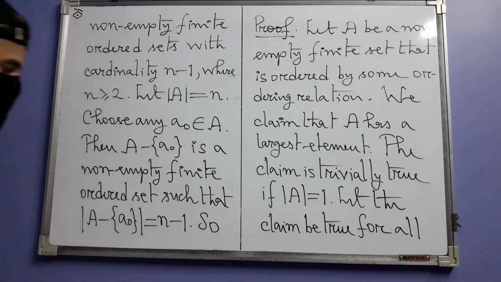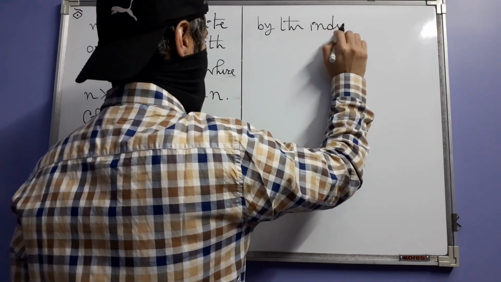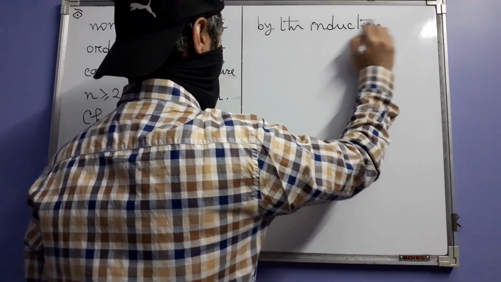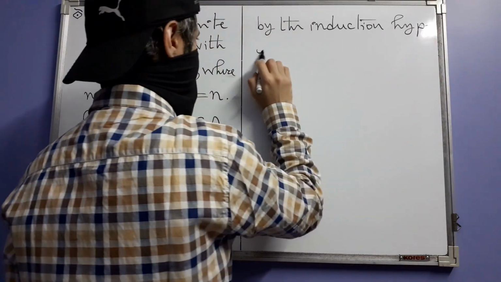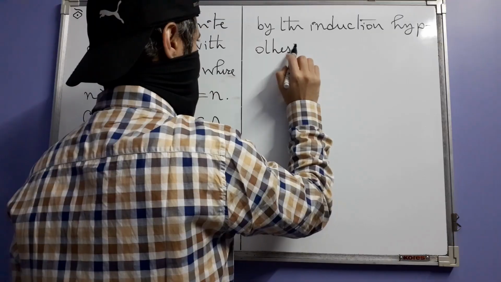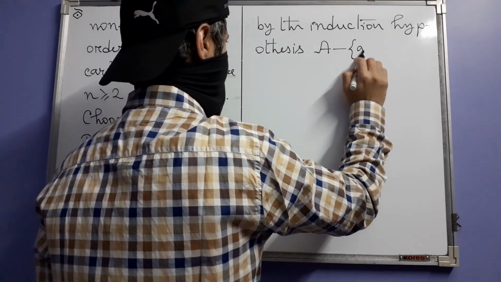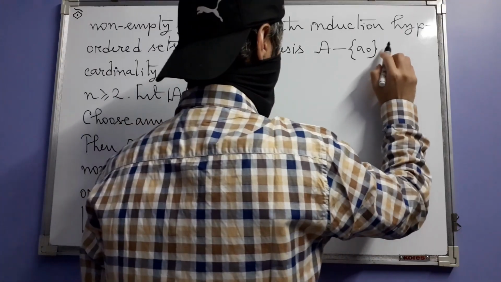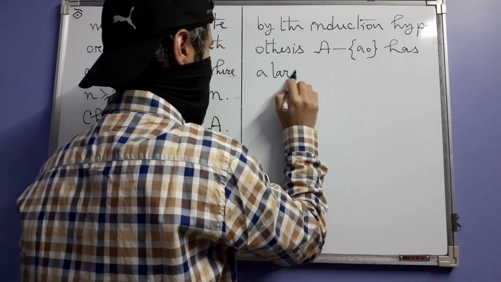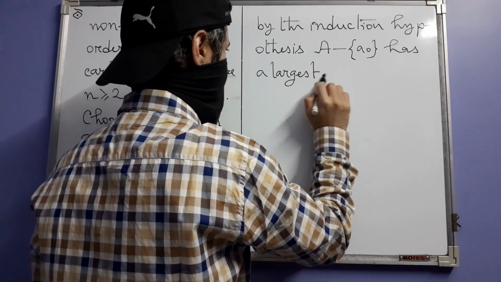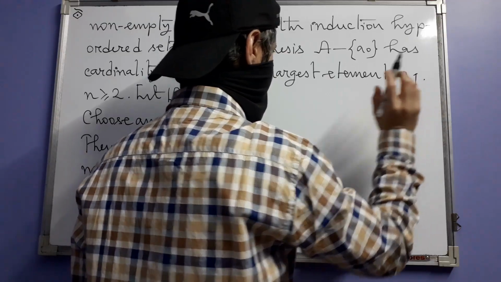So, by the induction hypothesis, A minus A0 has a largest element. Let's call it A1.